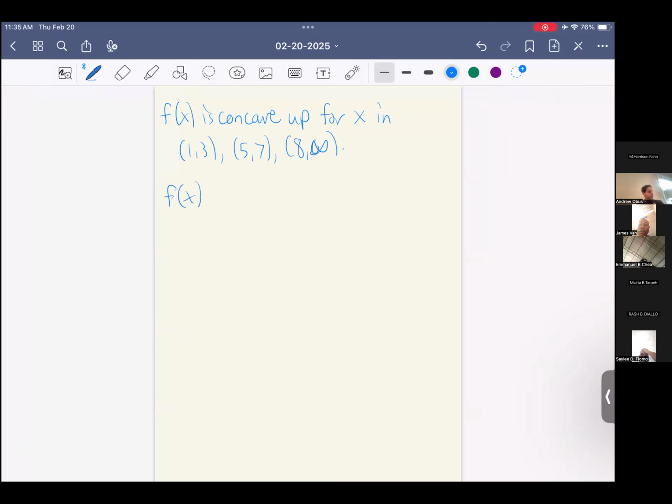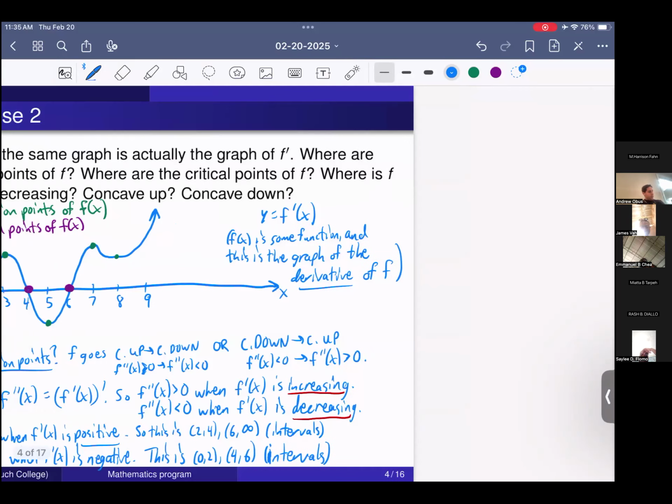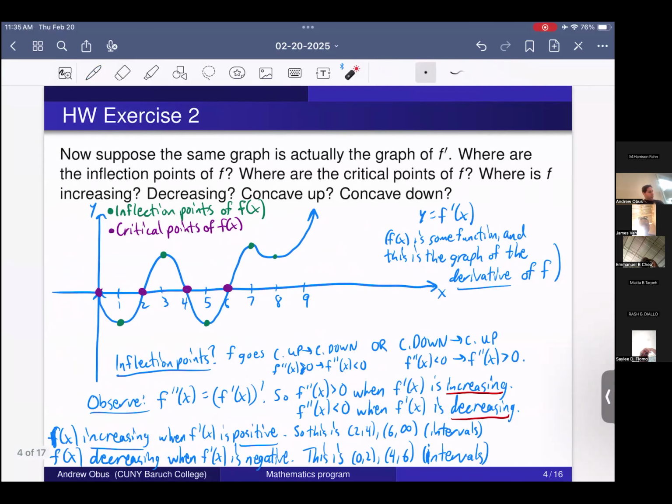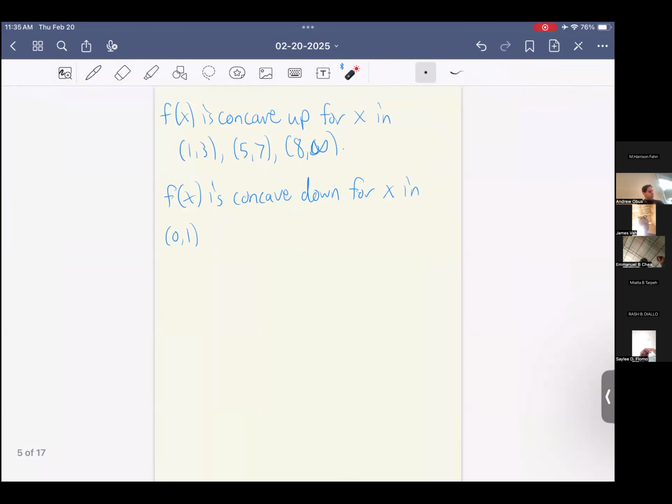And f of x is concave down for x in basically everywhere else. So that's going to end up being 0 to 1, 3 to 5, and 7 to 8. Okay?